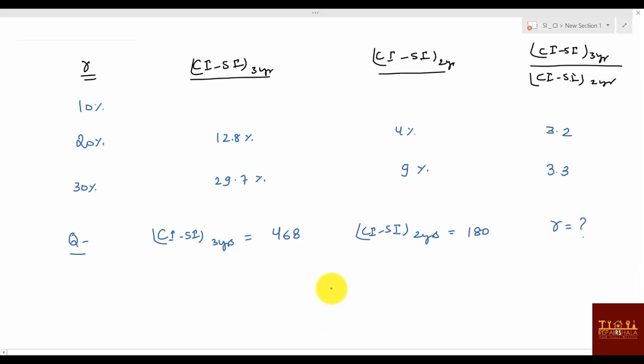I hope you will not have any problem. What you will do is 468 divided by 180, so this will give you 3.12. 3.12 means 3.12 minus 3, that is 0.12 into 100, that is 12%. Rate of interest is 12%. Okay, clear?